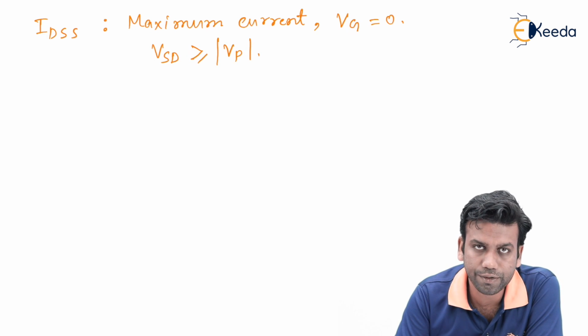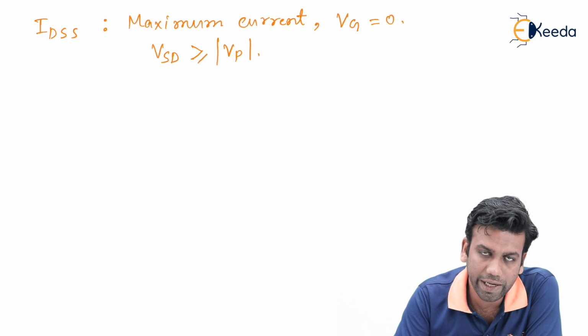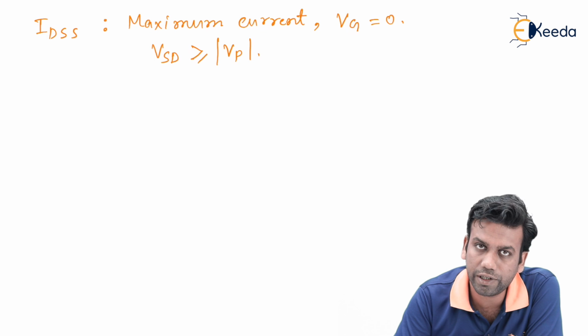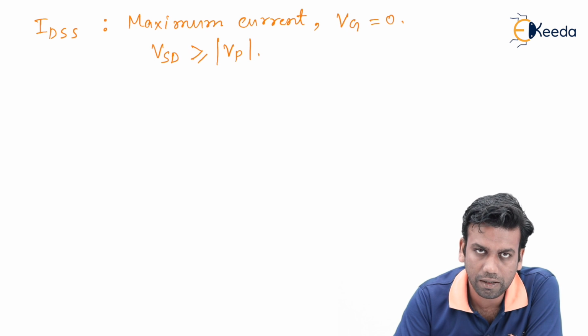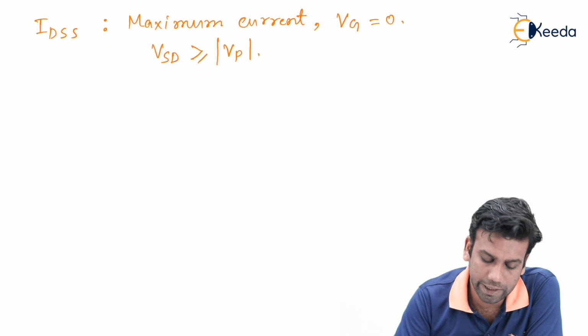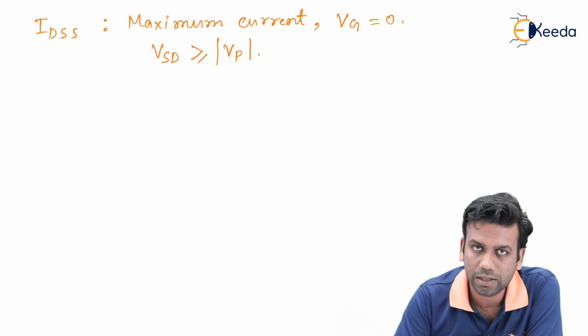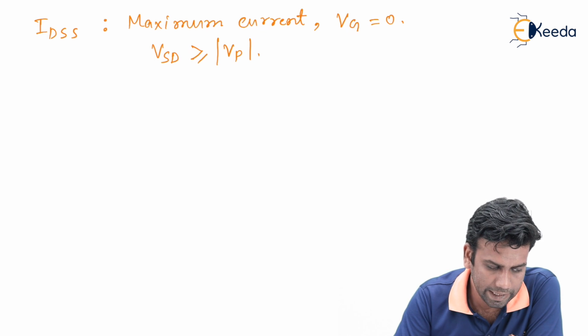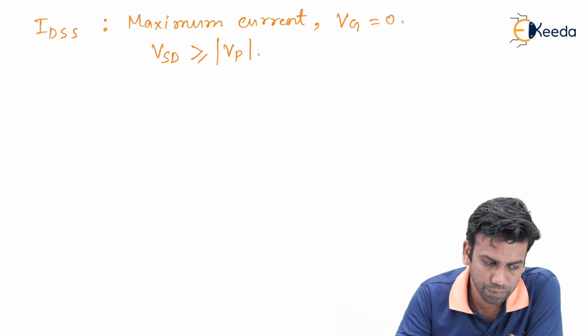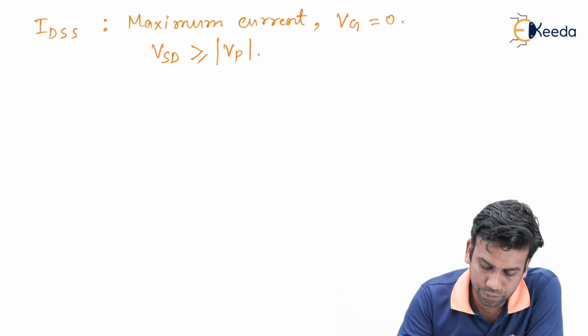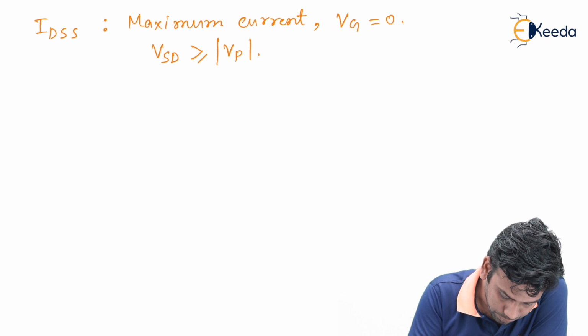So, this was case 1 where no gate voltage has been given, only a source to drain voltage has been given, and we have seen the phenomena that have taken place inside the JFET. Now, let us go for case 2 where we will apply some gate to source voltage.